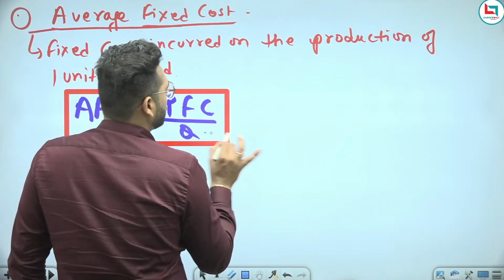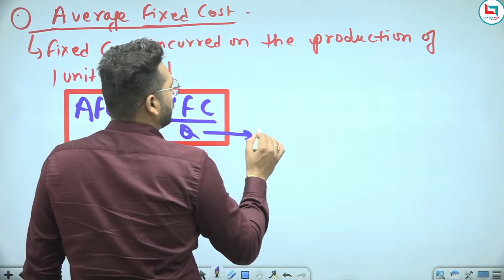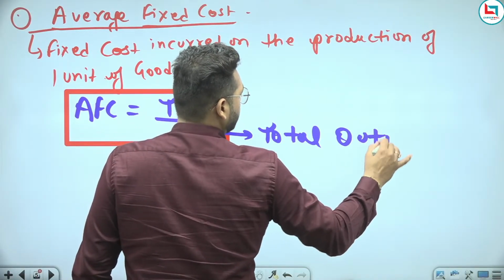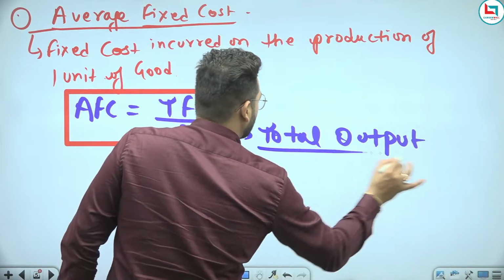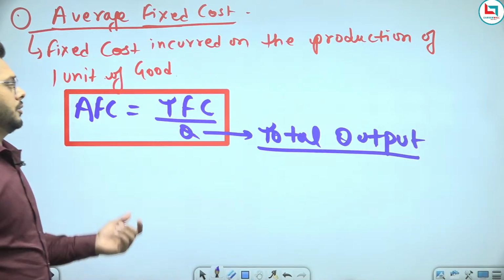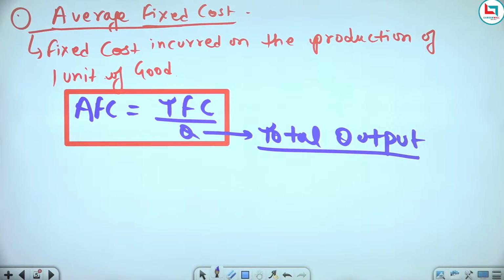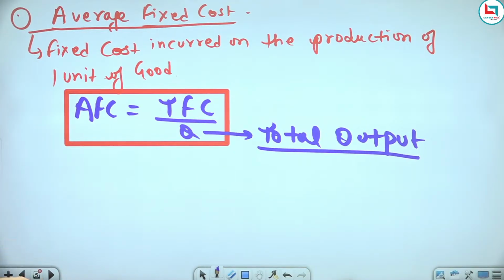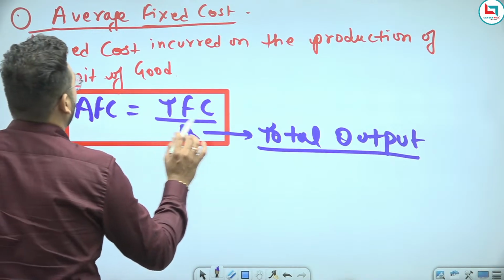Total output, the total output that you have produced. That total output will be the quantity Q, and TFC means total fixed cost. Have you got my point or not? So this is what is called average fixed cost.